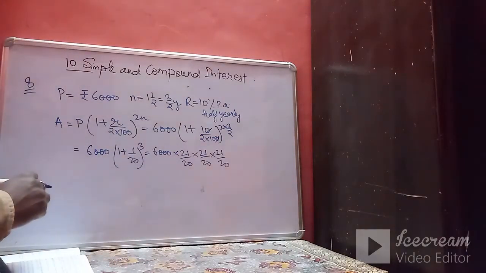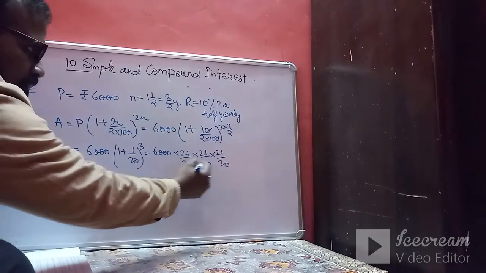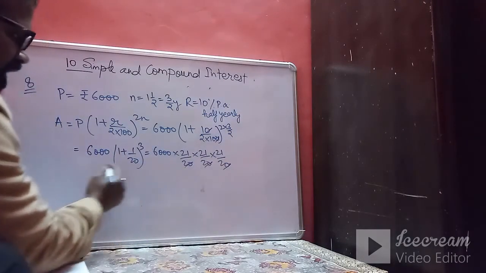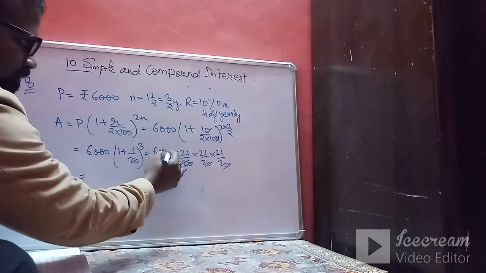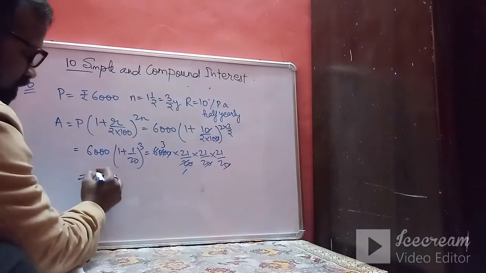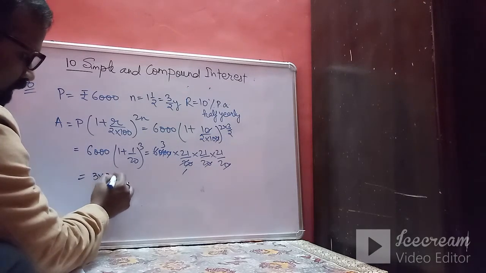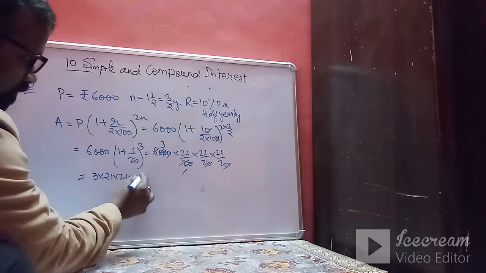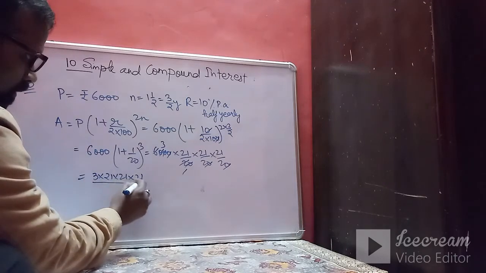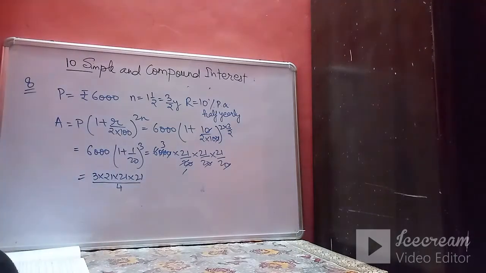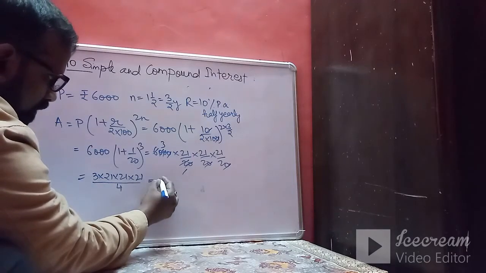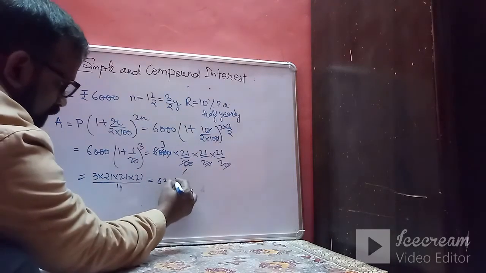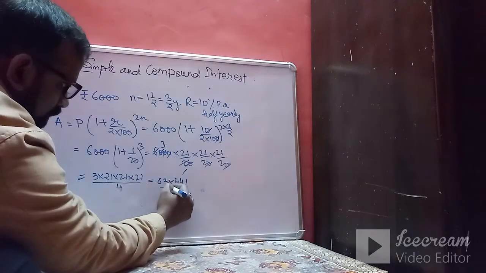Okay, we will take the LCM. Now these zeros will cancel out. We will get 2 into 3. So it is 3 into 21 into 21 into 21 upon 4, or 63 into 441 upon 4.